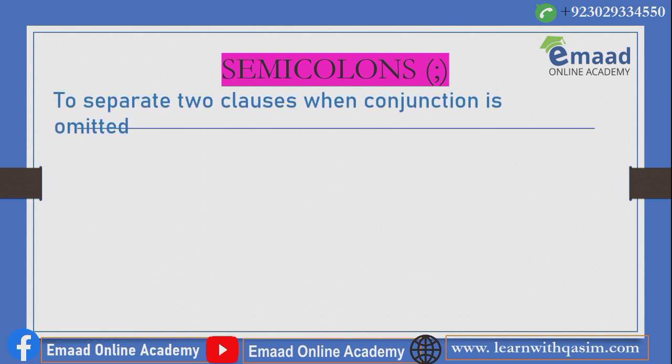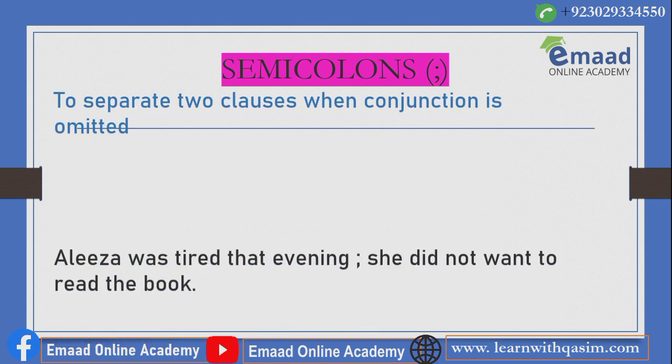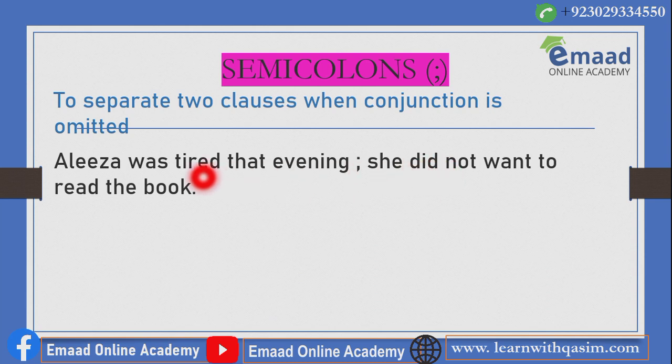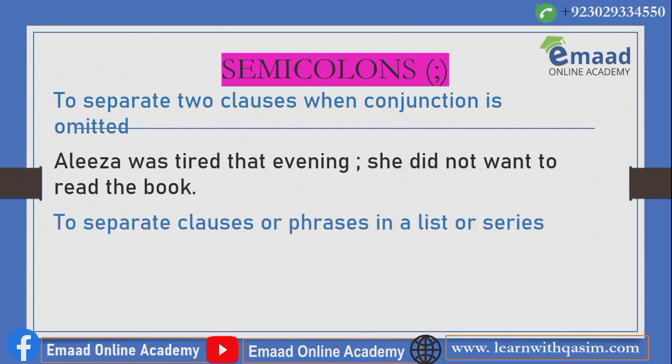Now semicolons. To separate two clauses when a conjunction is omitted. Eliza was tired that evening; she did not want to read the book. Now we didn't use and, but, therefore, because, but we directly added a semicolon.